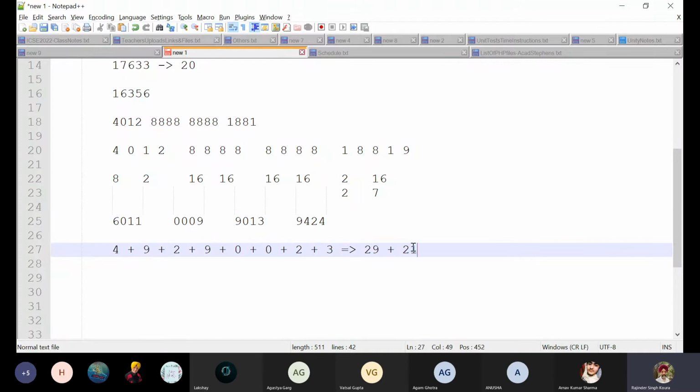So ये जो सिंगल्स थे उनका डबल बनता है 21. उसका टोटल करो तो is 50.